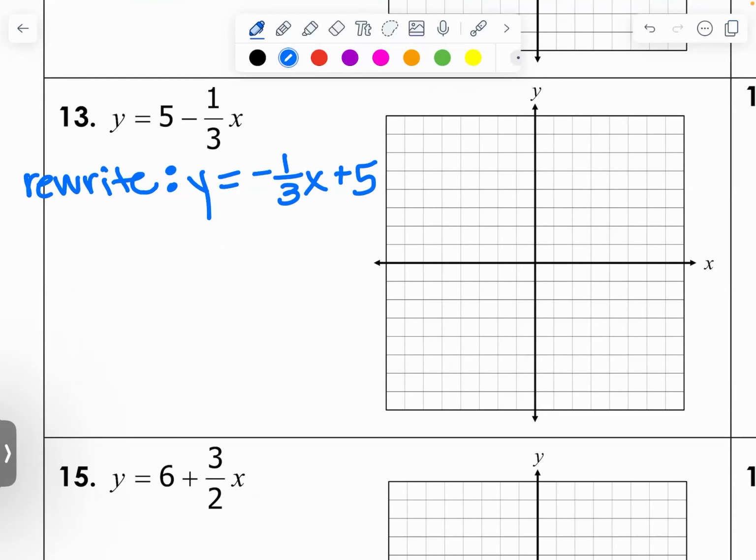If you're not writing this down, you're not meeting my expectations. Okay. So at this point, Cash, which one is our slope?